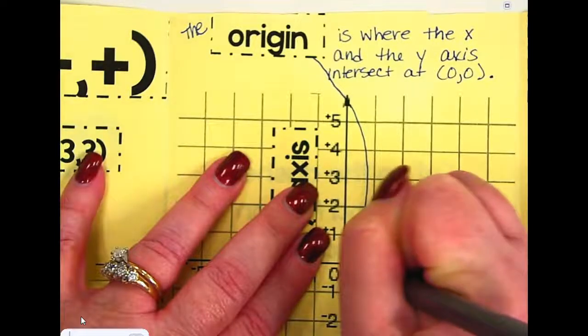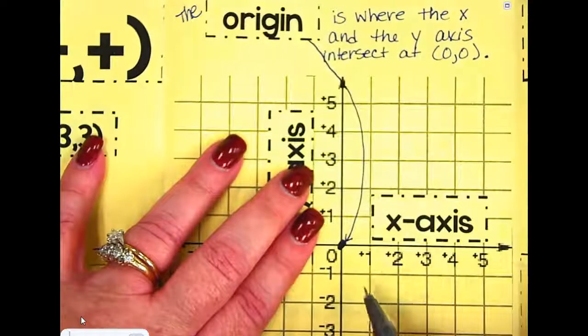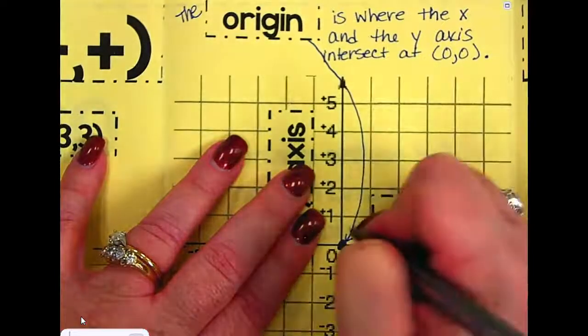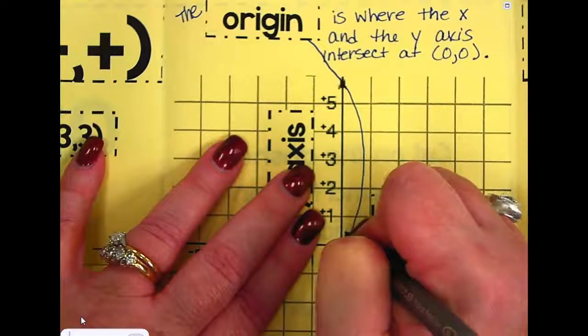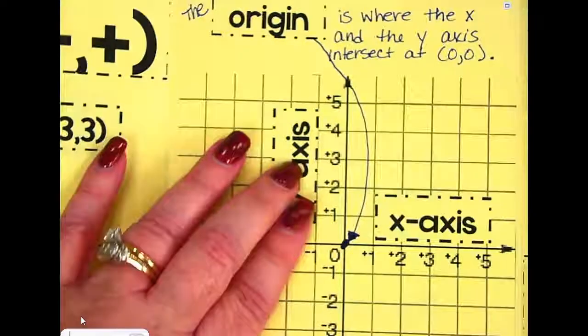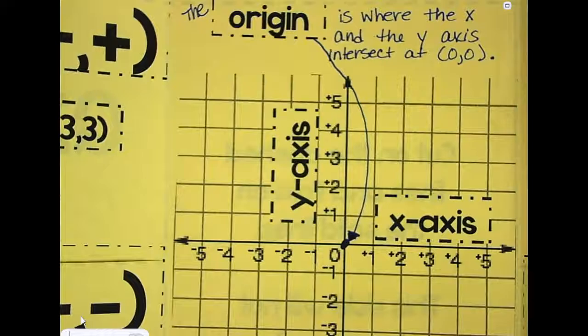And you should have a dot that shows that it is this point right here. That is the origin.